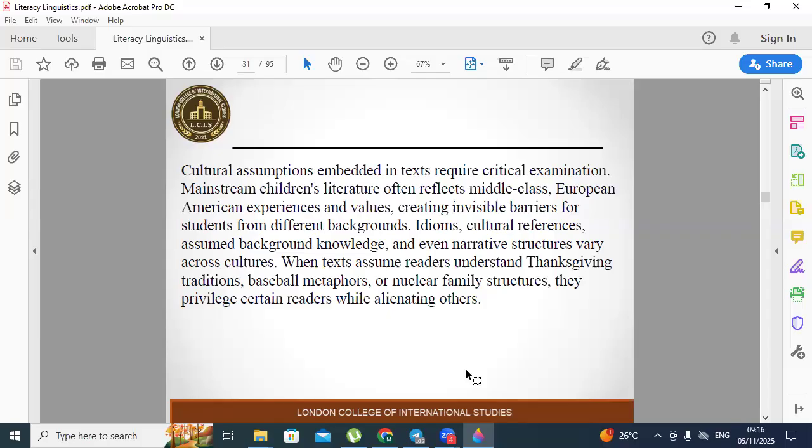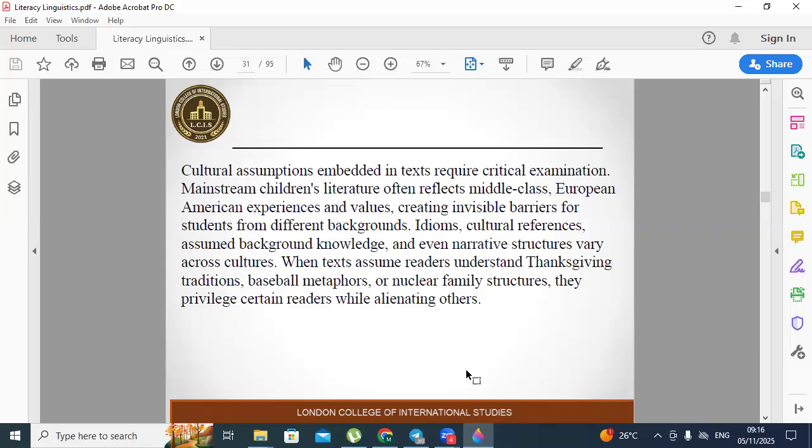Western literature typically follows a linear plot structure: introduction, rising action, climax, falling action, resolution, but other cultures have different narrative traditions. Some emphasize circular structures where stories return to their beginning.